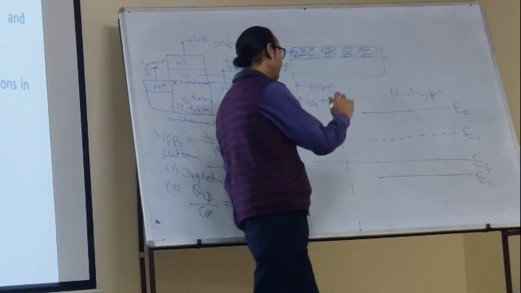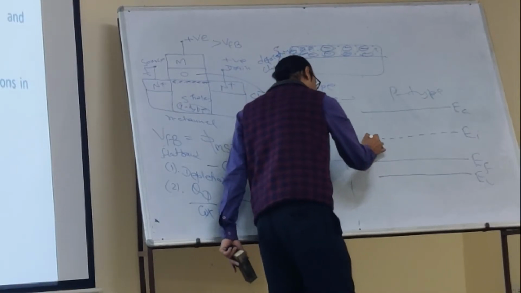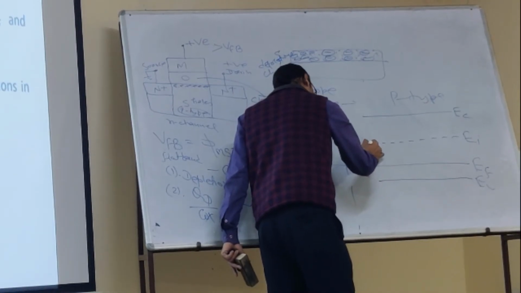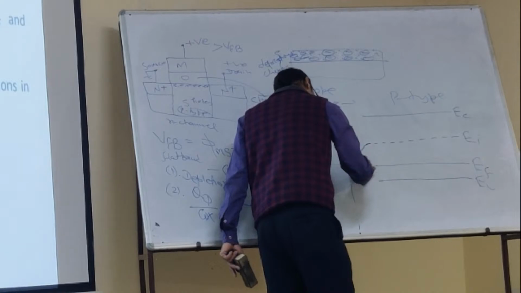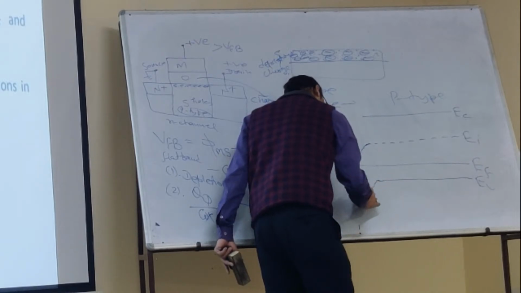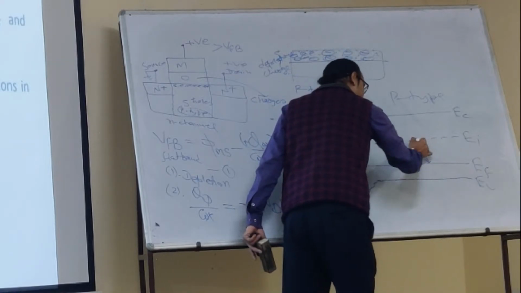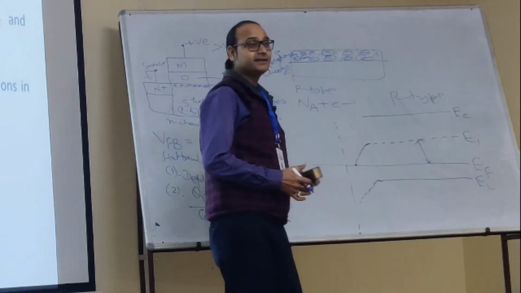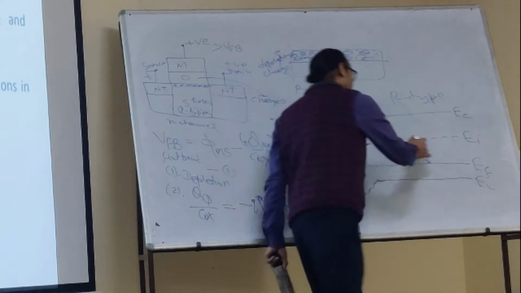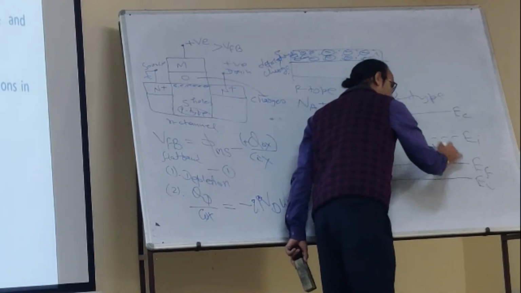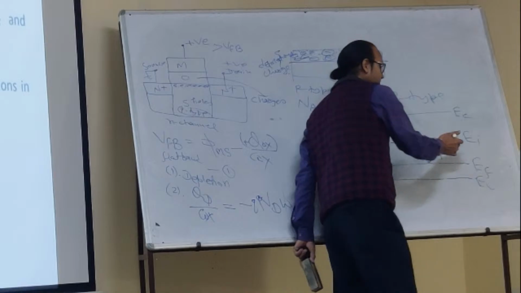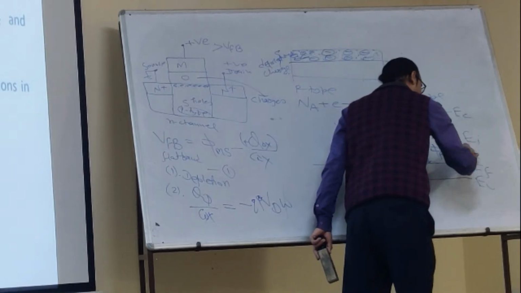Now, due to band bending, suppose band bending takes place and it reaches here. It means this EI reaches EF. So do you know how much voltage is required to do that? Phi F, obviously the Fermi level, that we call KT voltage.